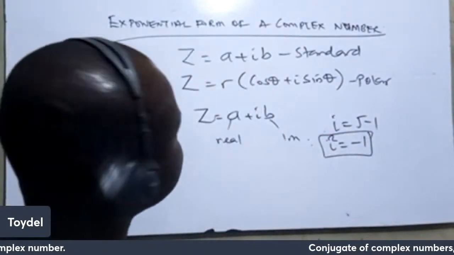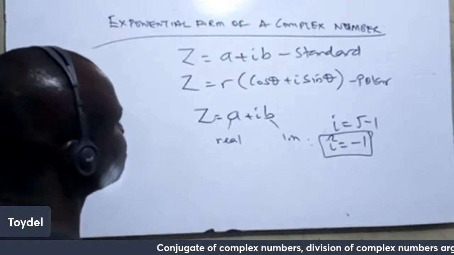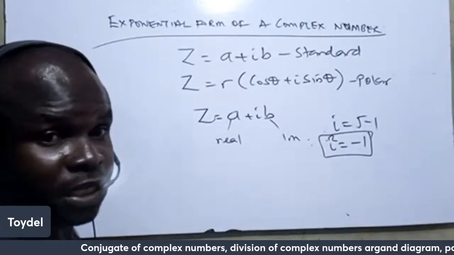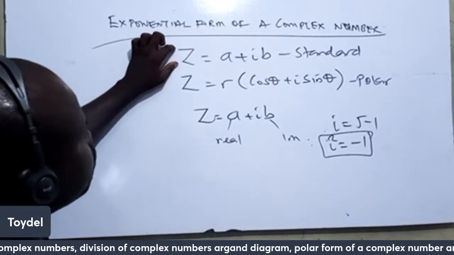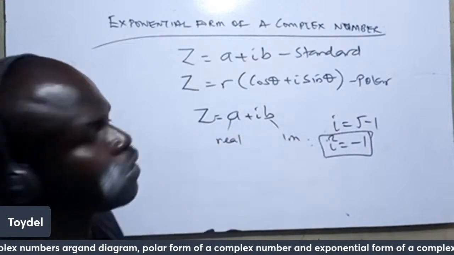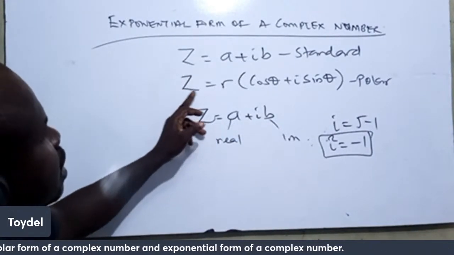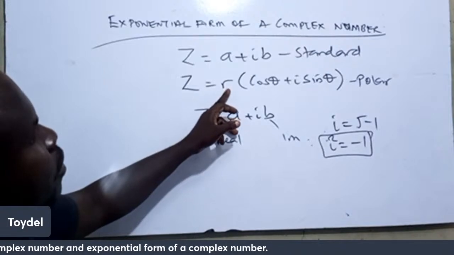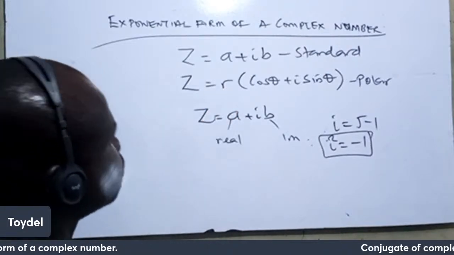When we looked at addition, subtraction, multiplication, and division of complex numbers, we talked about conjugates of a complex number. Then from this standard form, we were able to derive the polar form of a complex number. In polar form, z is equal to r, where r is called the modulus, given as the square root of a squared plus b squared.